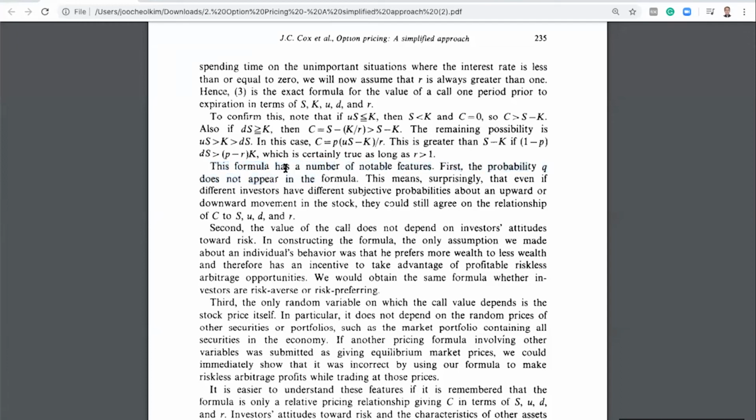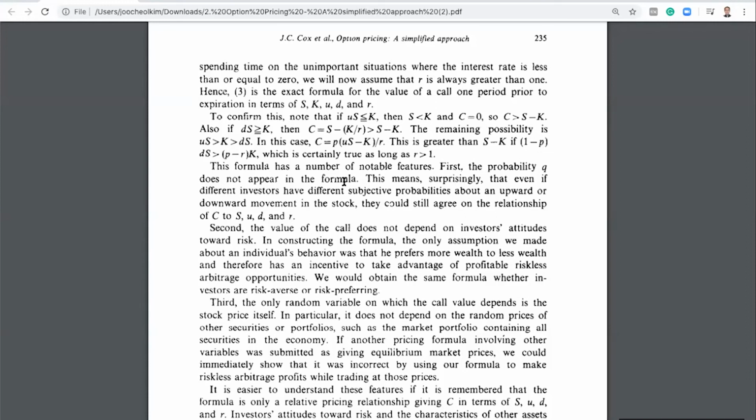This formula has a number of notable features. This formula is really simple, but it shows you something very noticeable here. The first is that the probability Q does not appear in the formula. And that's amazing, actually. We talked about the Q at the beginning when introducing the model, and I said it's a subjective probability.